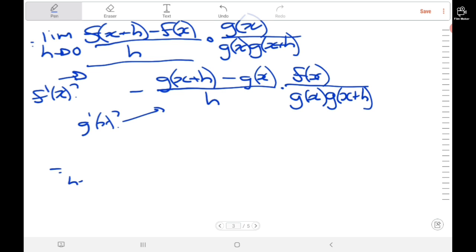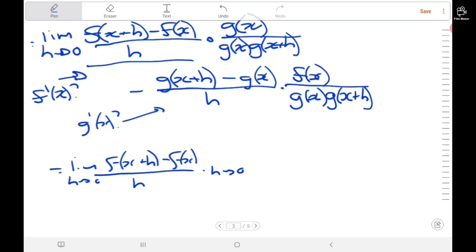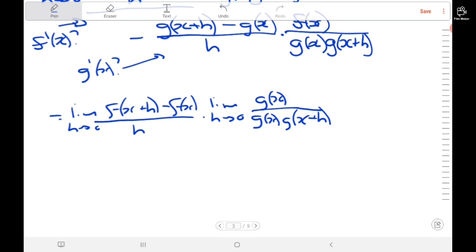So we get the limit as h goes to 0 of f of x plus h minus f of x divided by h times the limit as h goes to 0 of g of x divided by g of x plus h. And we can do the same with the other term.